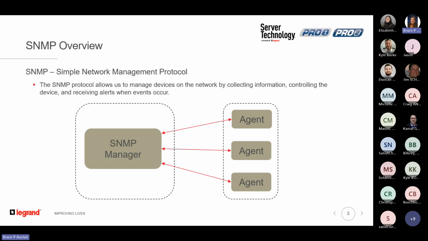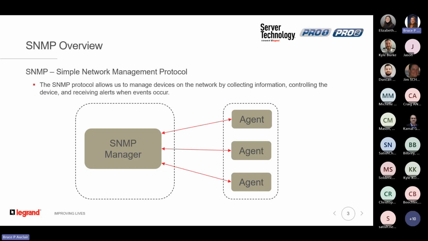So we have an SNMP manager, typically the way things work. There's a variety of managers out there and a variety of DCIM monitoring tools that rely on SNMP as the primary means of collecting data. And the agent is, in this case, what we sell, the PDU. So we've got an SNMP manager collecting data from different PDUs, agents, and in turn they can configure items on those agents.